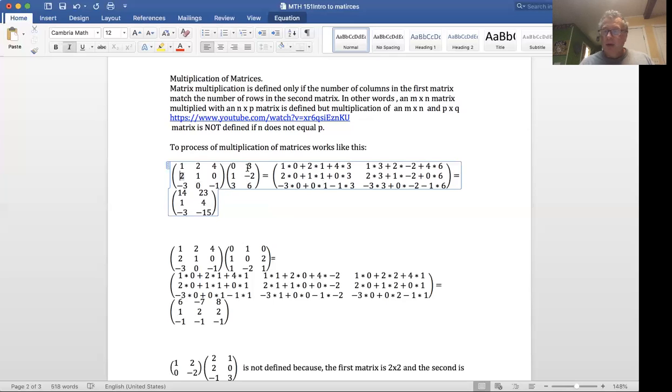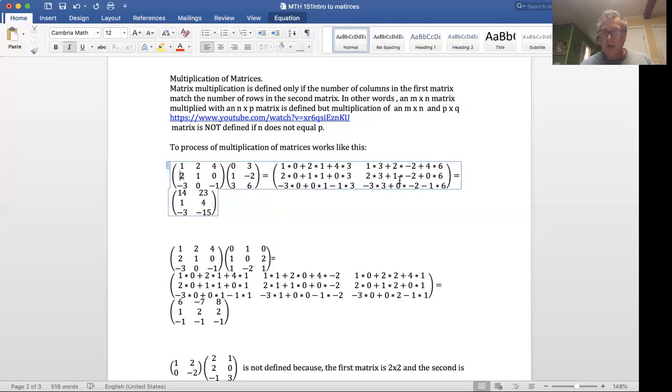Then the second element here, this minus 15 in our result, is going to be third row, second column in this case. So we're going to take the first element from the third row, multiply it with the first element from the second column. That's where this minus 3 times 3 comes in. Second element in third row, multiplied with second element in the second column.